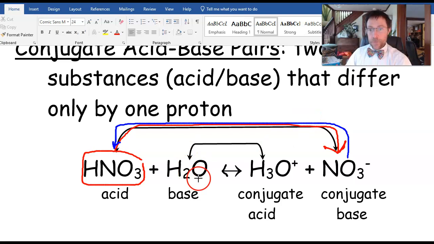Now, same thing, only completely different: you see this H2O right here? Now this H2O turns into the H3O. So going that way, this thing acts just like a base because it starts with two hydrogens, it ends with three, therefore the H2O has absorbed a hydrogen and it turned into the H3O.